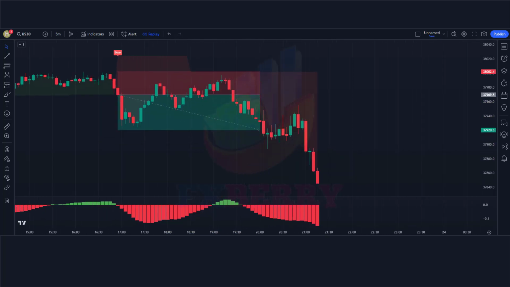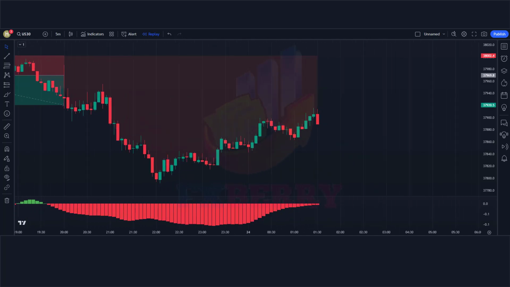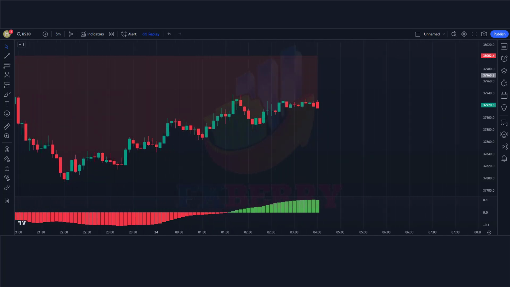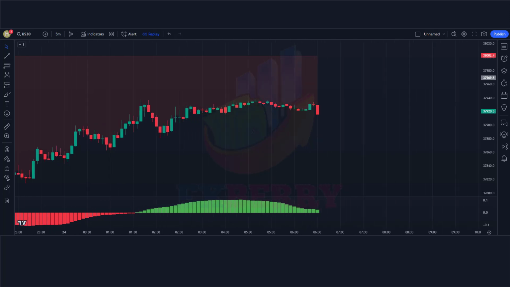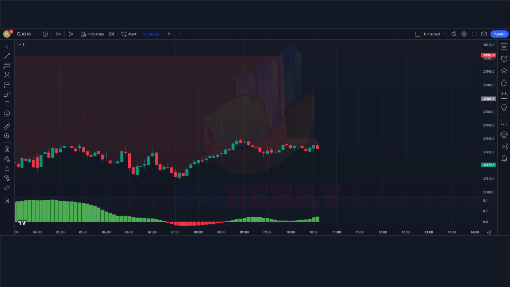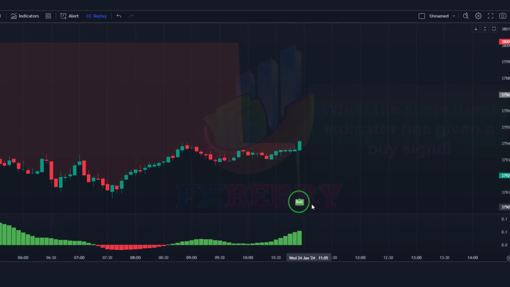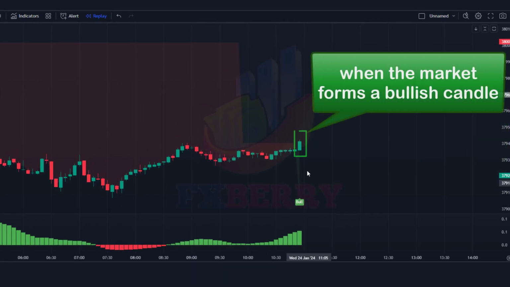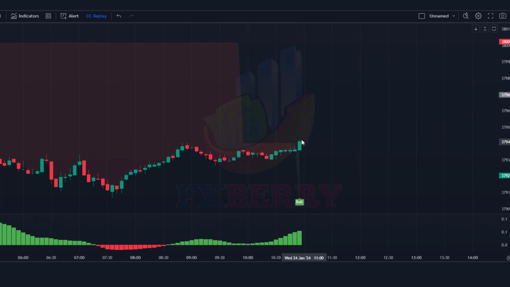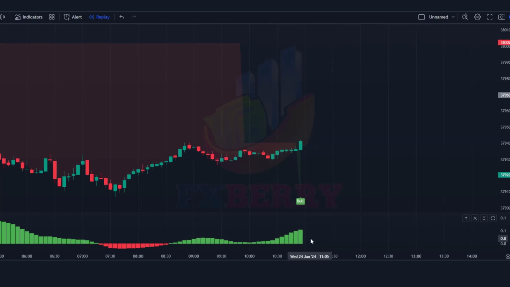Now let us understand long position. When the Sushi Trend indicator has given a buy signal. When the market forms a bullish candle. When the Sentiment Histogram indicator has created a green histogram.